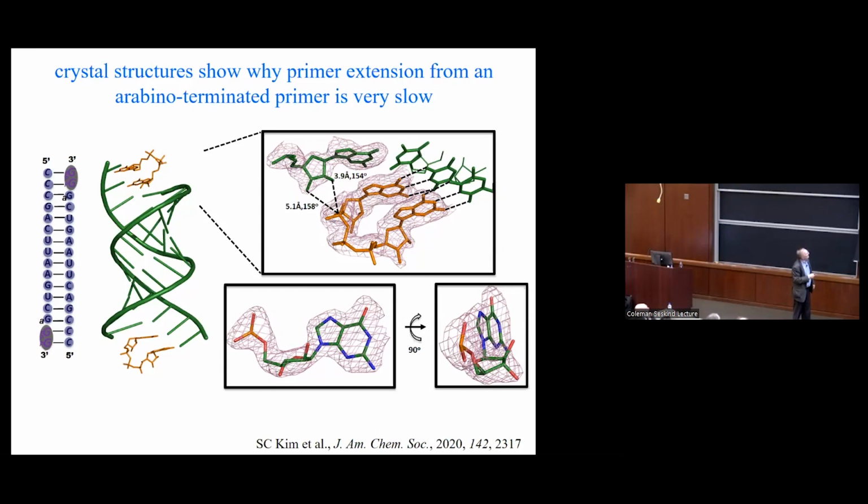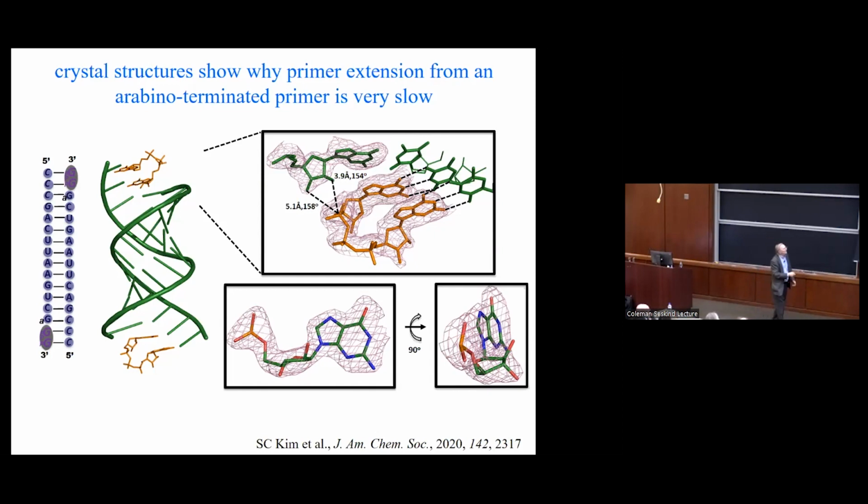It turns out if you put an arabinonucleotide in the position that would represent the end of the primer, and grow crystals with the bridged RNA species next to it, you can see that the distance from the 3' hydroxyl to the phosphate that it should attack is about 2 angstroms further than in the case where this is all RNA, like in the series of crystal structures that I showed you before.